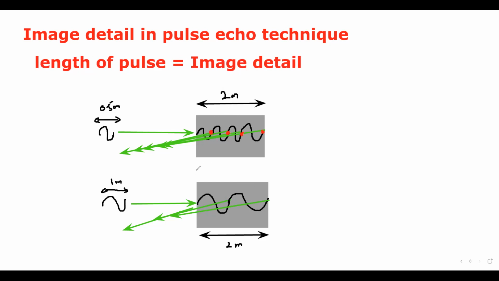So when we check the number of points where the pulse has bounced back, this is 1 and this is 2. So which one is giving us a more detailed image? Because at 4 points the pulse has bounced back, this is giving a more detailed image.